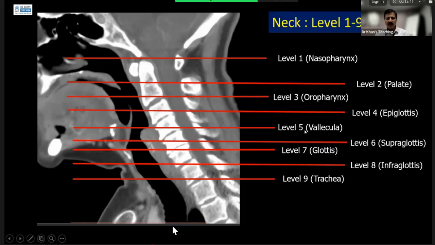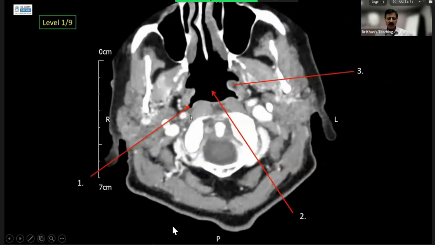And then the valleculae, the level 5, where the valleculae will be visible. Then the supraglottis level, which is the false cord level. Then the glottis, which is the true cord level. And then the infraglottis level, where the cricoid cartilage will be. And finally, the trachea. So these 9 scans, and open for chat.